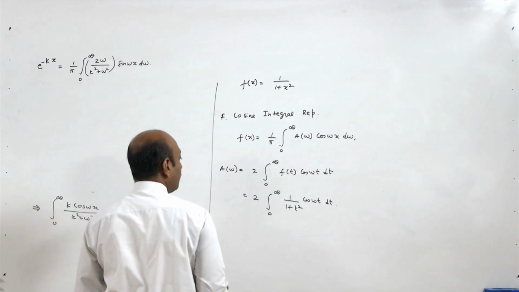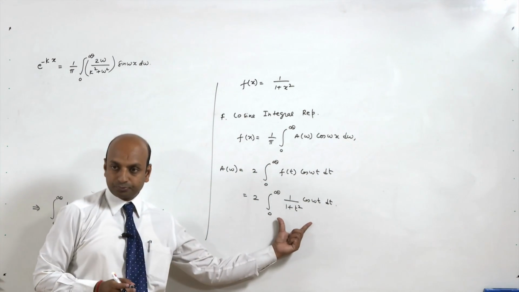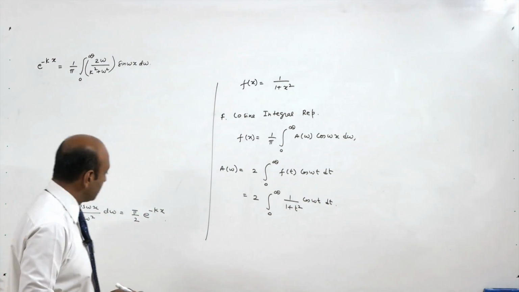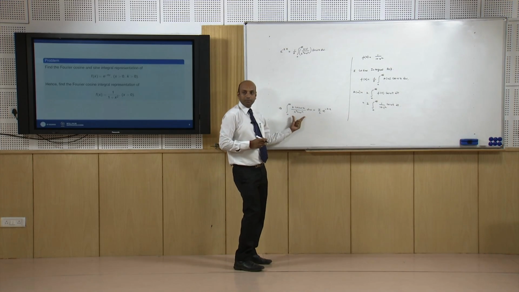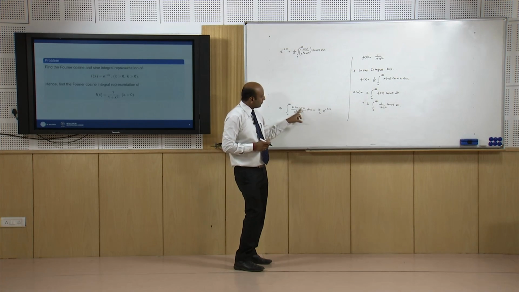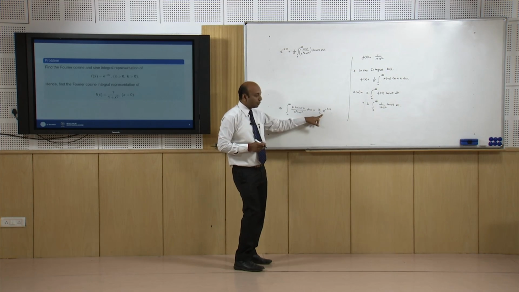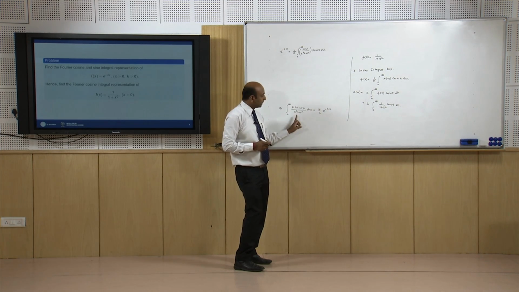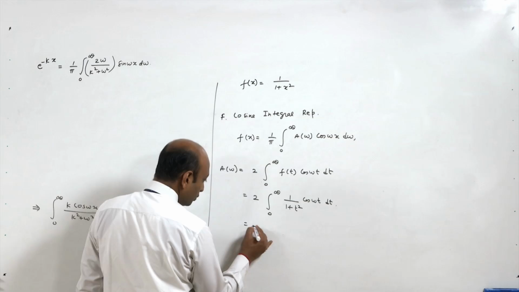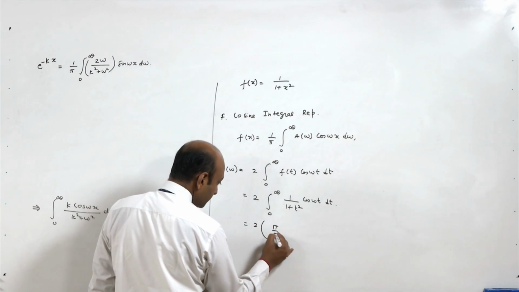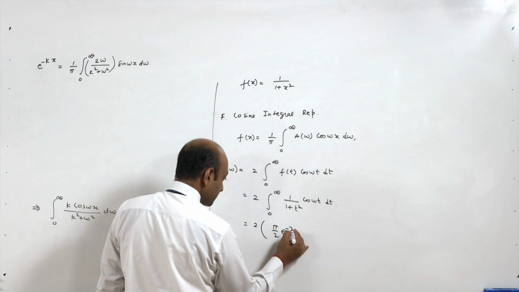Now, to find out this value, we will use this integral which we obtained from the first part of the problem. Now, this is cos omega x upon 1 plus omega square when k equal to 1. So, simply substitute k equal to 1 on both sides. When you put k equal to 1, you will directly get the value of this expression, which is 2 into pi by 2 times e raised to minus x.